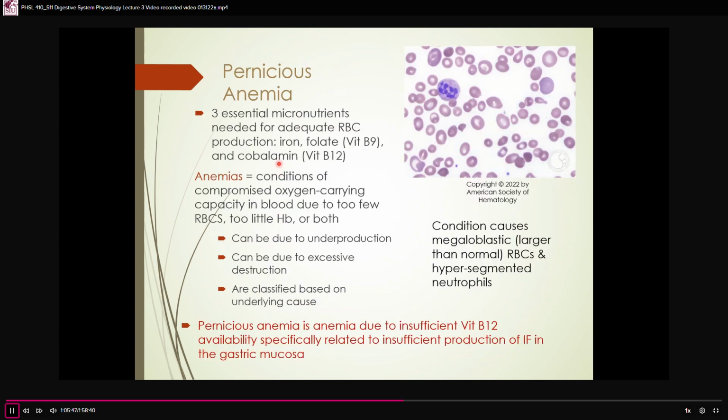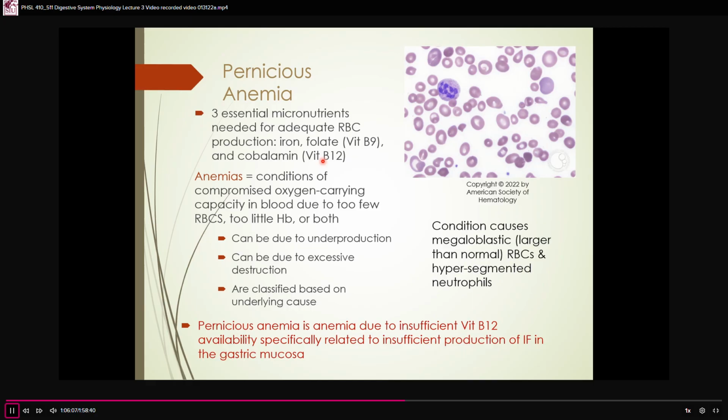The body needs 3 critical micronutrients to make mature functional red blood cells, one of which is cobalamin. So it needs iron, and it needs folate, which is vitamin B9, and it needs cobalamin, vitamin B12 that we've been talking about. Anytime you have a decreased oxygen carrying capacity in the blood, we call that an anemia.